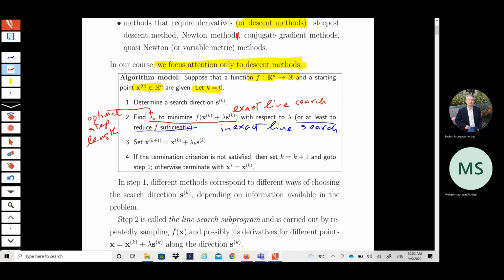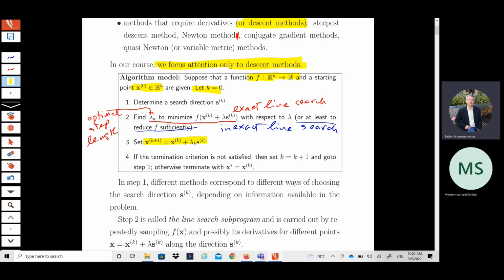Once we know lambda k, we update the iterate by the standard formula: xk plus 1 equals xk plus lambda k sk. In any method that we use to solve optimization problems, this is the standard form of update formula.